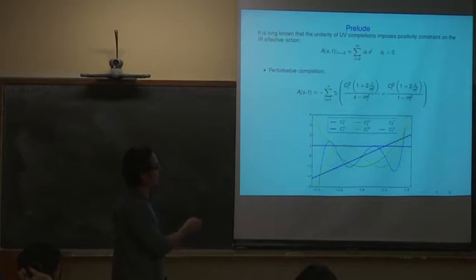Unitarity tells you that these coefficients are positive, where the polynomials, in 4 dimensions, will just be Legendre polynomials. There will be some complication if the particles have spins, but in the simplest version you just have these Legendre polynomials.